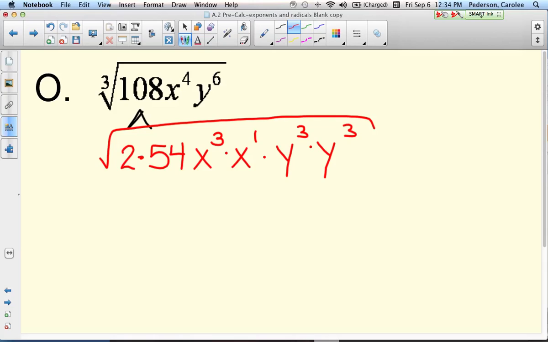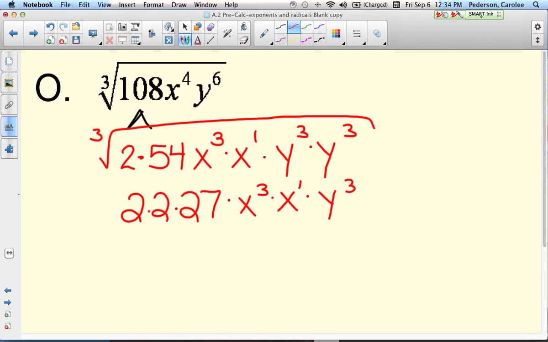Now we have some further breaking down to do with that 54. Maybe just try 54 again and divide it by 2, and we get 27. So we get 2, 27, and then x cubed, x to the 1, y cubed, y cubed.